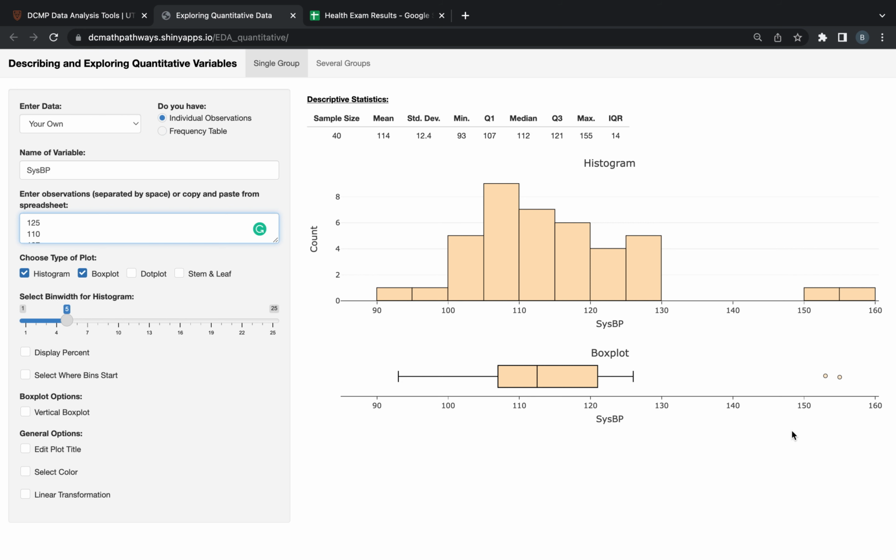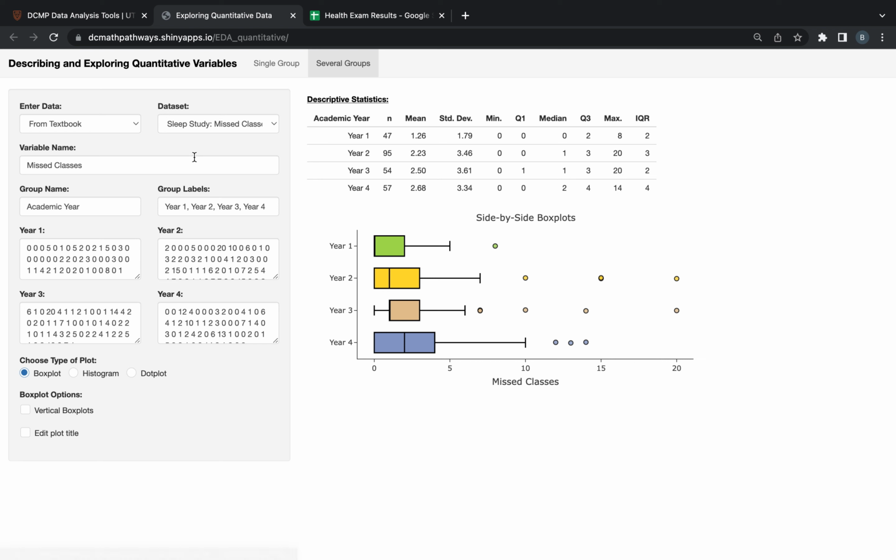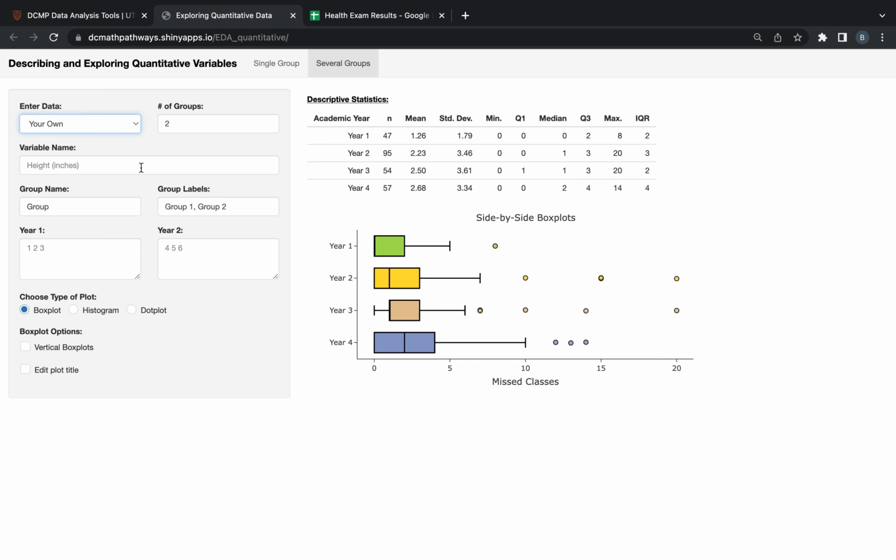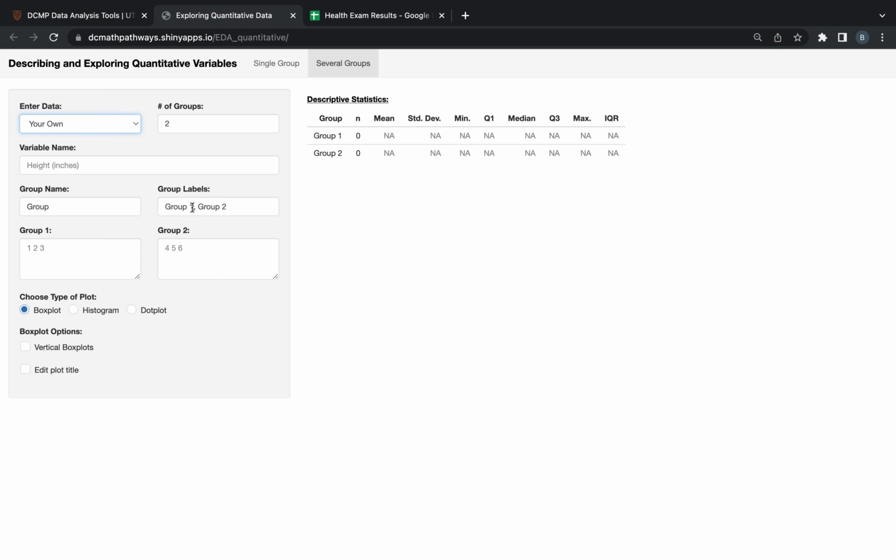Now, if you wanted to compare two different groups, instead of just looking at the overall systolic blood pressure, we can compare male and female systolic blood pressure by going into several groups. What we're going to do, again, is pick our own. We want a male group and a female group, and again, we're looking at the systolic blood pressure.